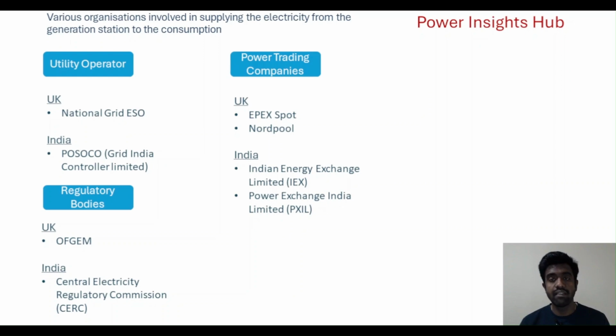These kinds of companies are in the UK, and I would like to mention Flextricity and Autogrid. These are aggregator companies here in the UK, but these kinds of companies are not there in India. Maybe they are still working to find the market there.